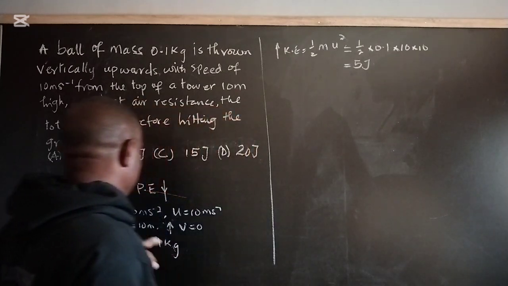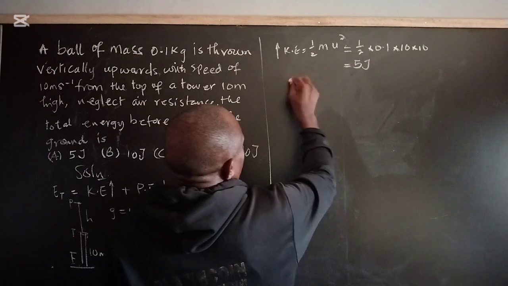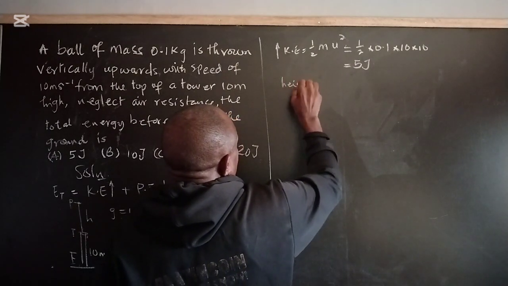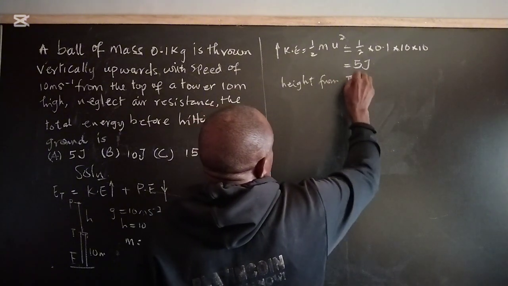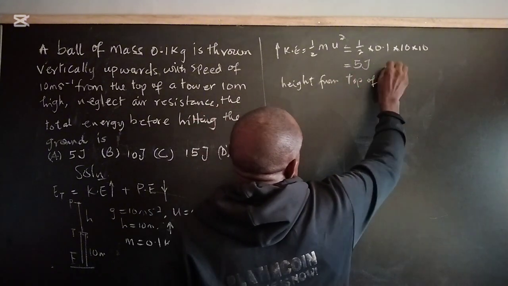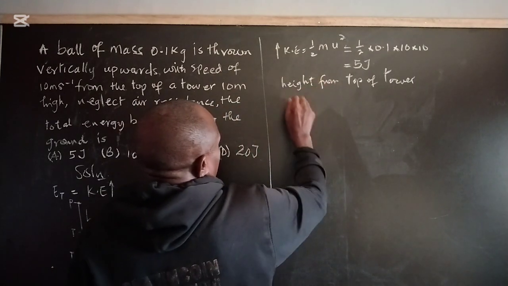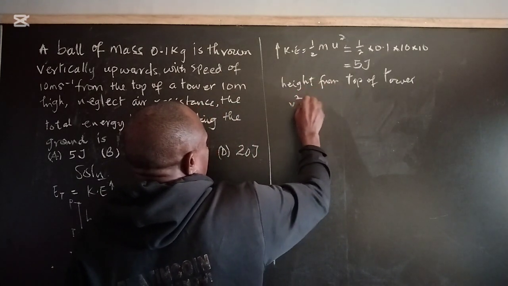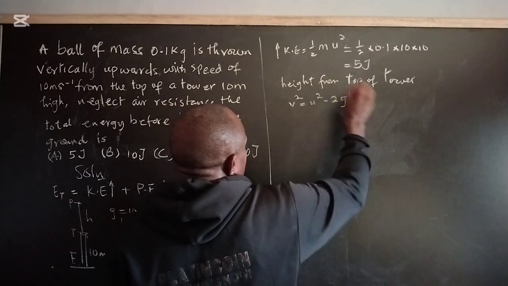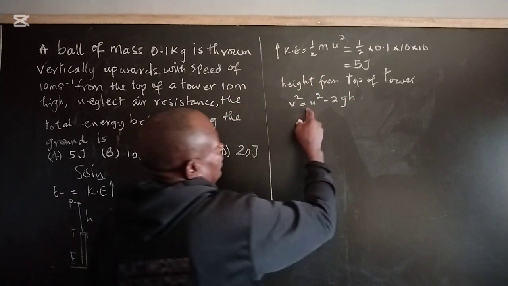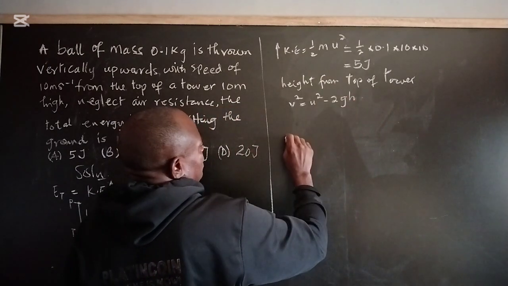And then we try to find the height from the top of the tower. Since we are not given time, we can use v squared equals u squared minus 2gh. We want to find the height from the top of the tower and call it anything.